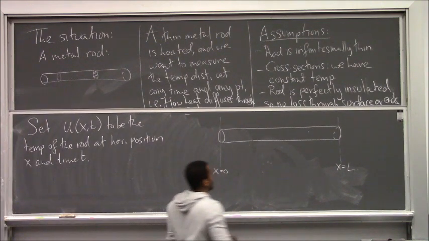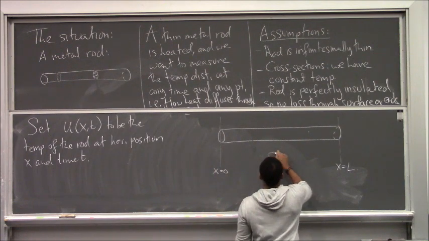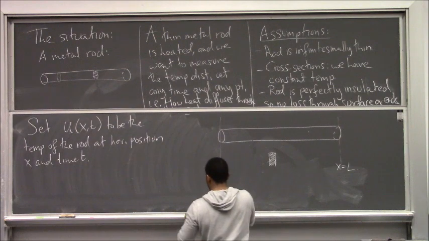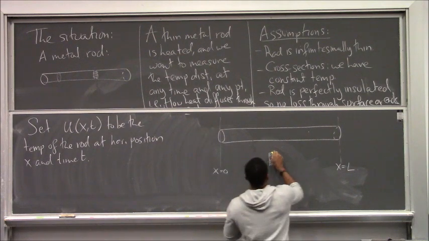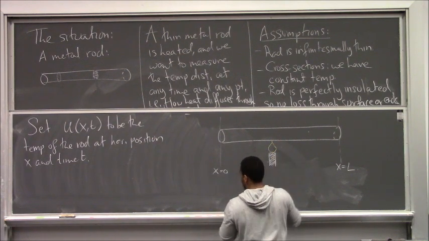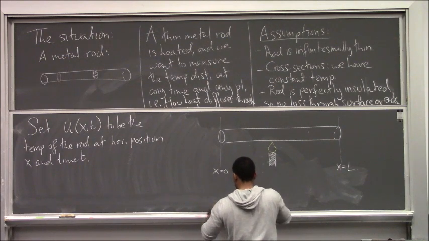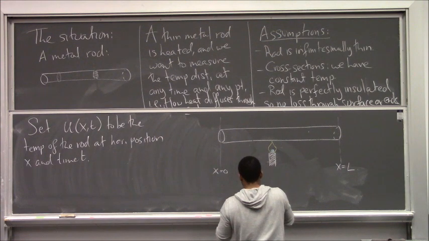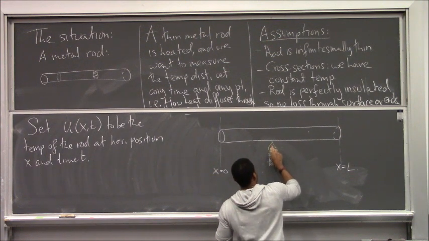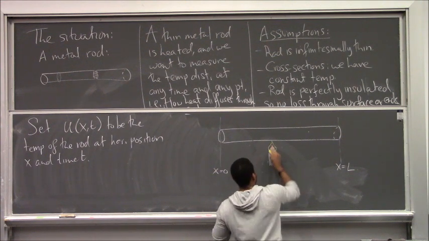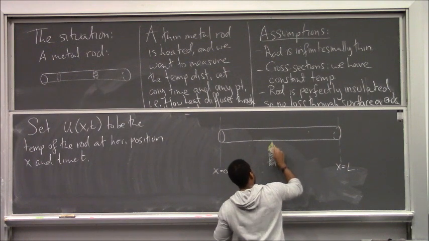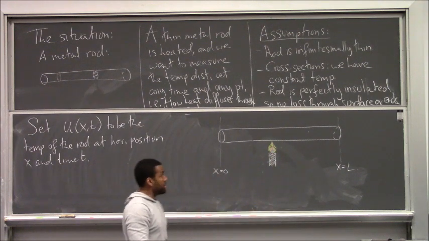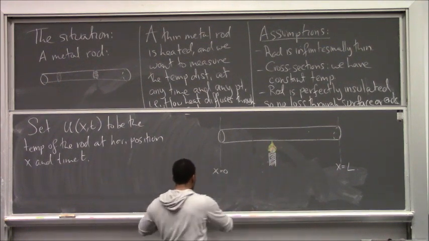So let's say, as an example, here's a candle, and I am going to light a flame here. Well, it's almost the last class. I have all this colored chalk. So there's a flame right there, right? And it's heating up this rod.